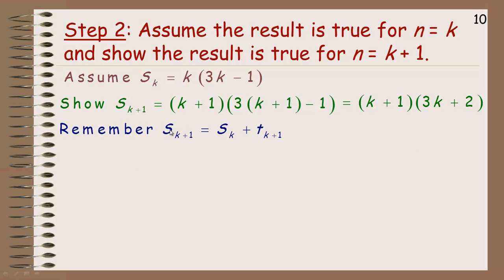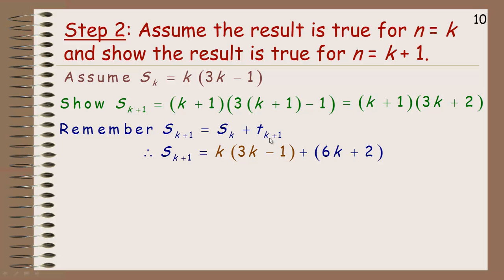So back to this sum formula, the sum of the first k plus 1 terms is the previous sum plus the next term. Well, the sum of the first k terms is, from our assumption, k times 3k minus 1. So we substitute in place that k times 3k minus 1. Remember from the previous page, the nth term was 6n minus 4.